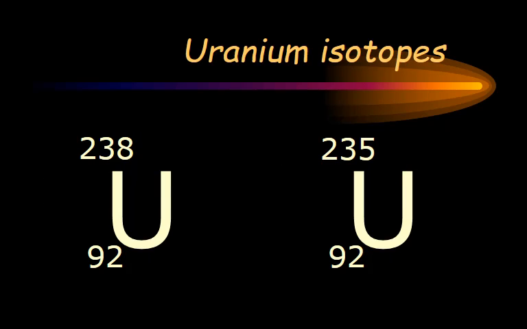A couple of examples are uranium-238 and uranium-235. They both have 92 protons, but a different number of neutrons, and these two isotopes operate very differently. We'll be unpacking the significance of that as we get into nuclear energy.